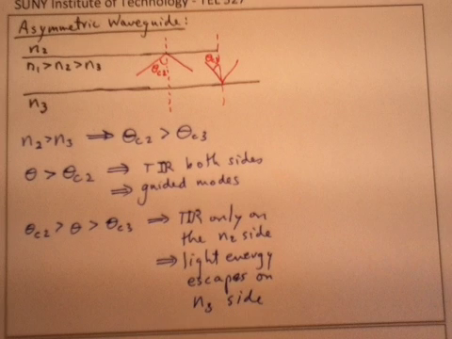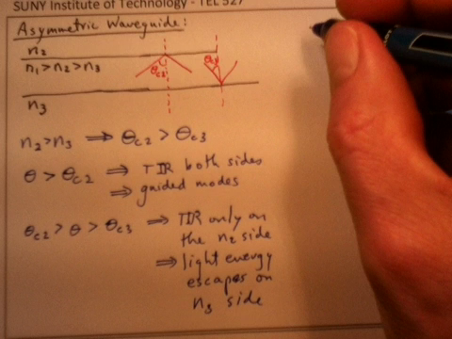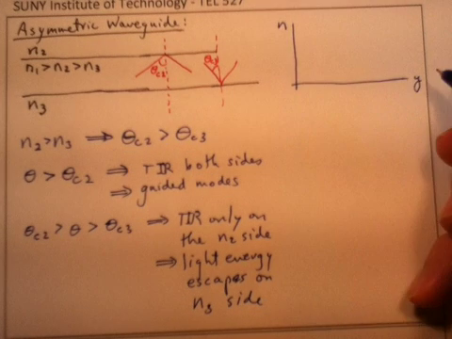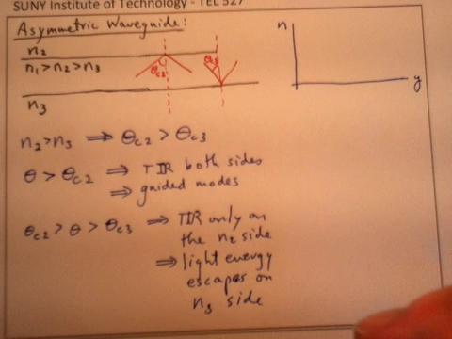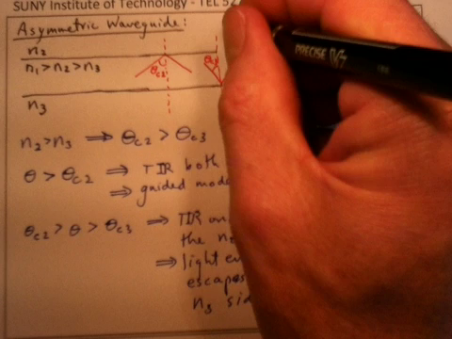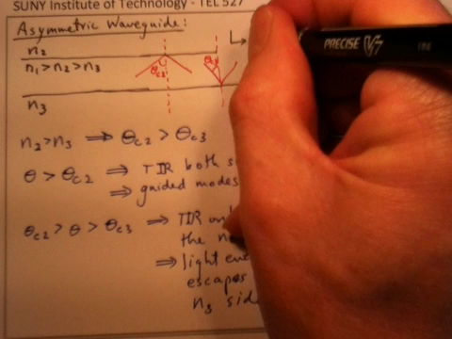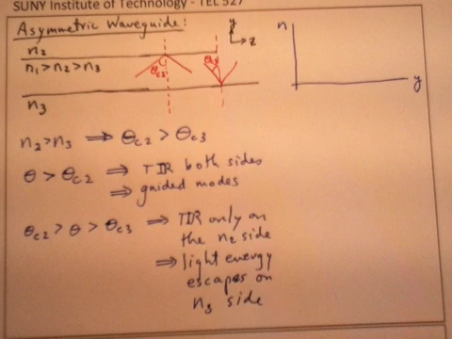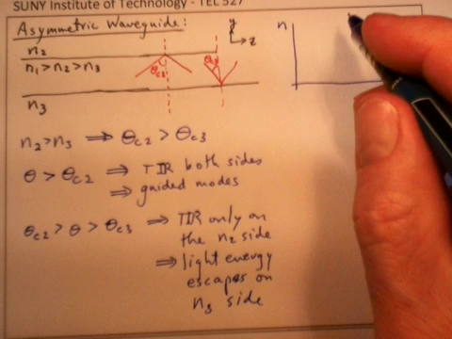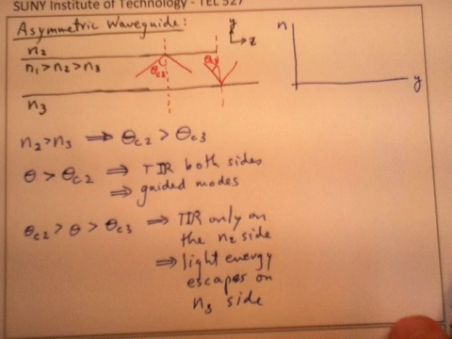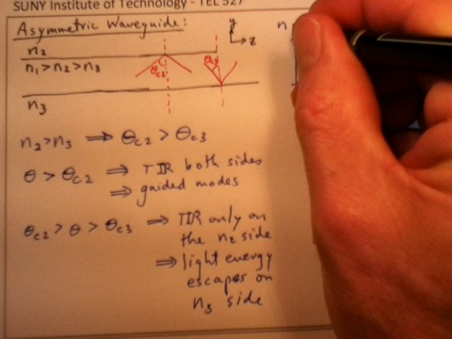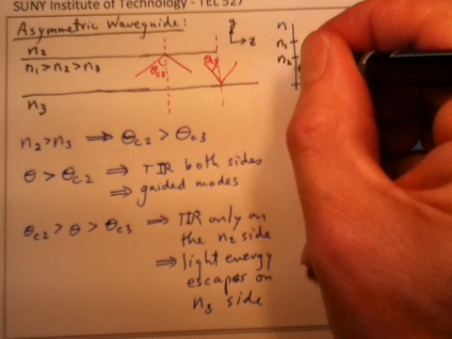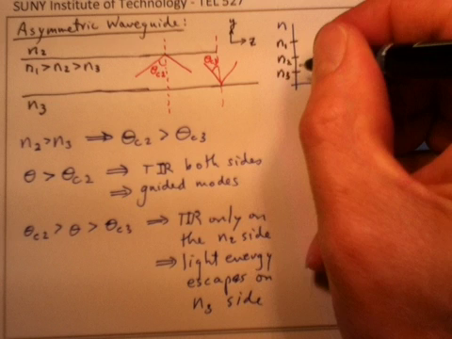What I can do is make a plot of the index versus, say, the y coordinate. Maybe we'll take the z coordinate to be the direction of propagation, and the y coordinate to be perpendicular to that. So this is the index profile. So n1 is larger than n2, which is in turn larger than n3.